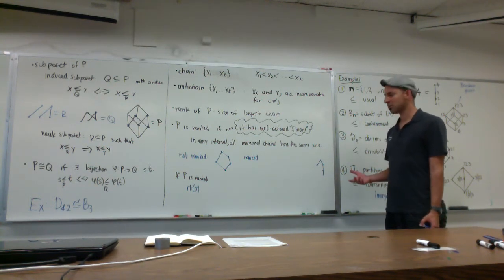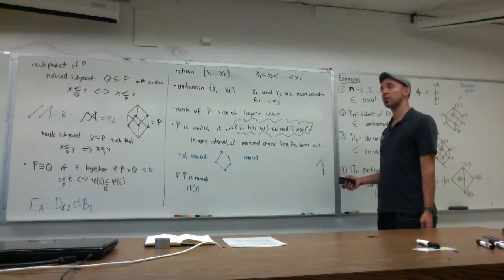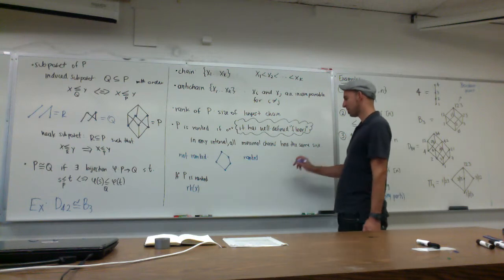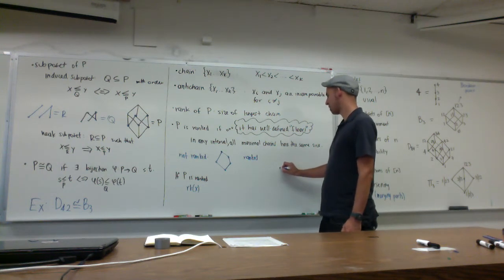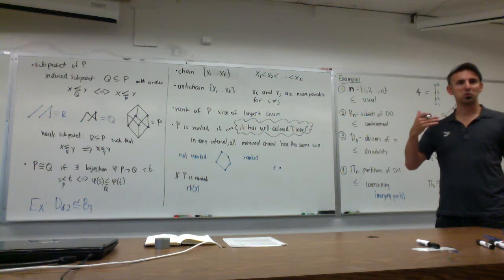And so what is the right way to do it? Well, what we can do is say, okay, just pick an element and say it has rank k. But we're going to choose k later.